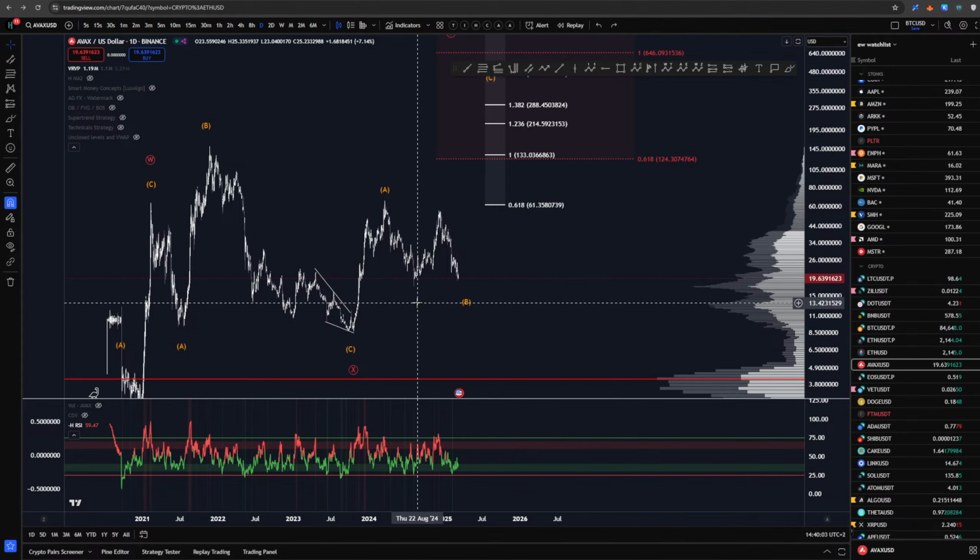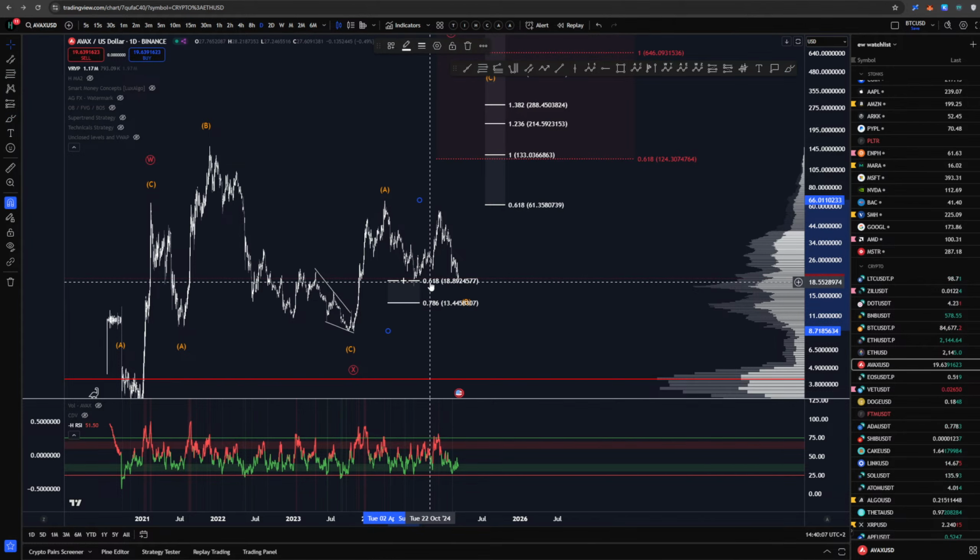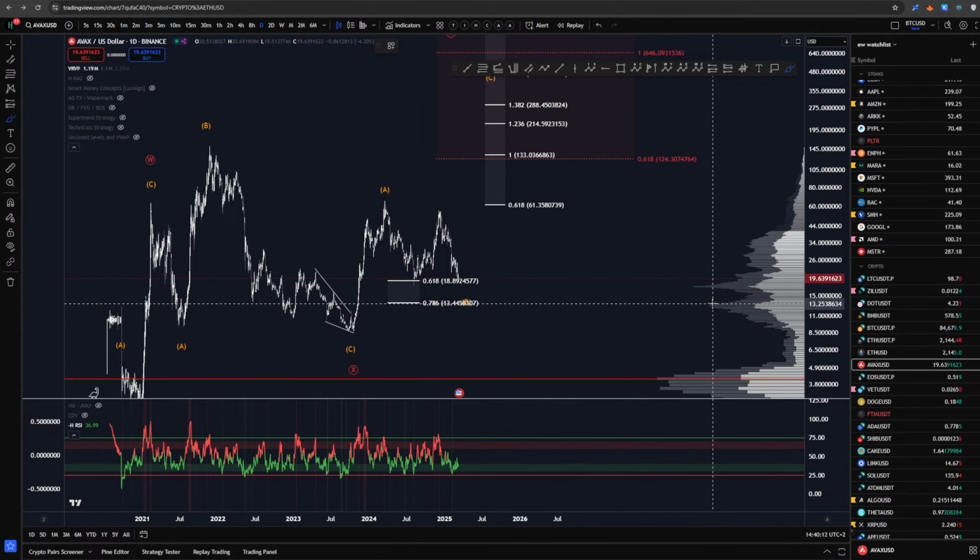Here, I think we would need to pull down a bit lower. It's 618 already, this one. Maybe the 786 here. We found support at the 618 previously with the volume node here. 786 would be another one, and this would be an area where you could be long again.